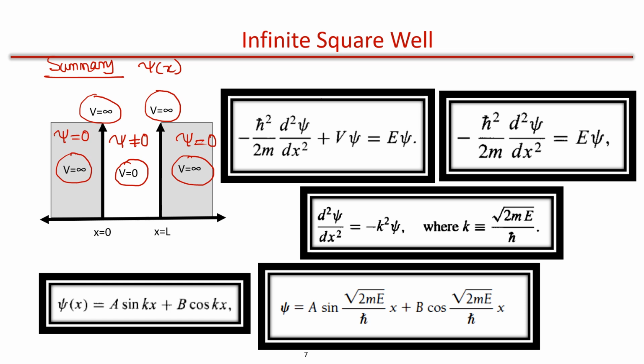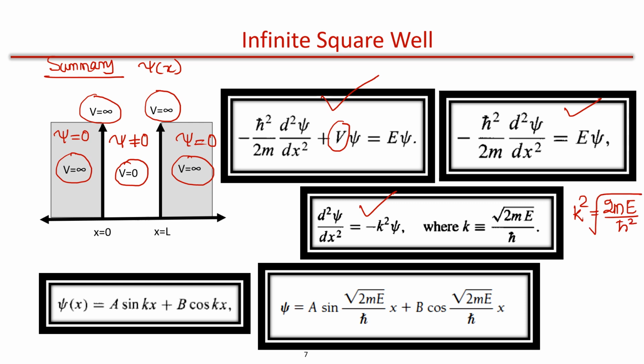We know that the Schrödinger equation can be written like this. Potential energy is equal to 0, hence we'll write this. Again, multiplying both sides by minus 2m by h cross square, we will get this expression where k square is equal to 2mE by h cross square.